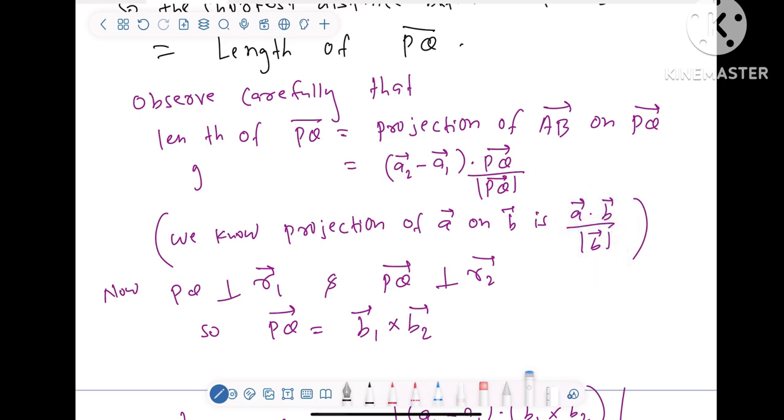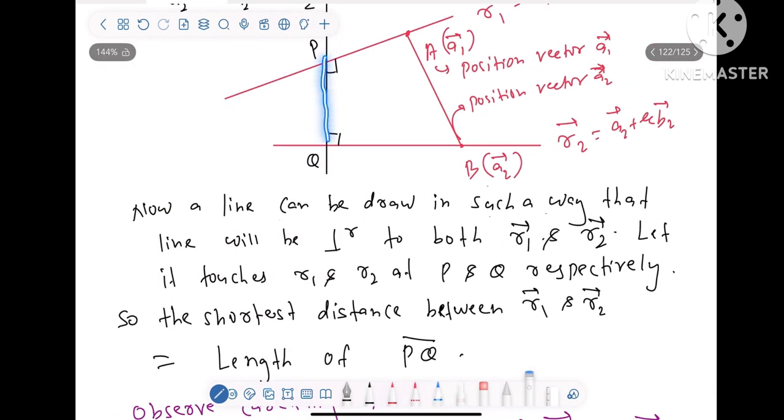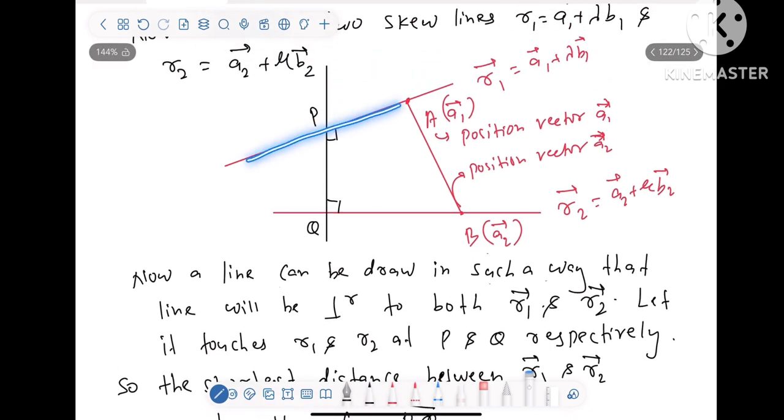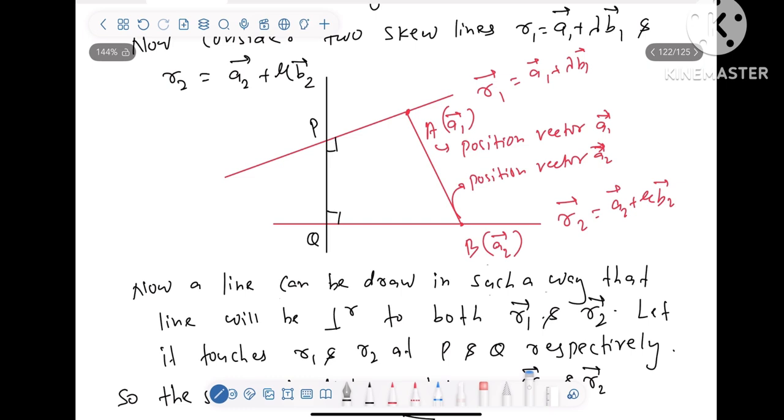Now see what the PQ vector is. The PQ vector is the vector which is perpendicular to r1 and r2. Since r1 is parallel to b1 and r2 is parallel to b2, the cross product b1 cross b2 is the vector which is perpendicular to r1 as well as r2.